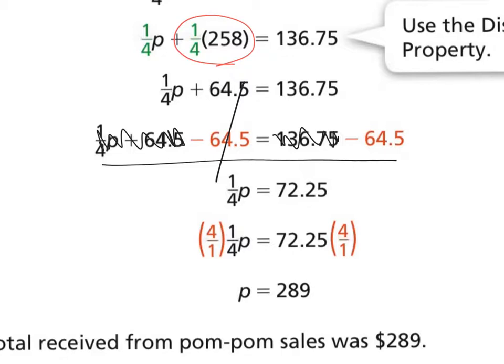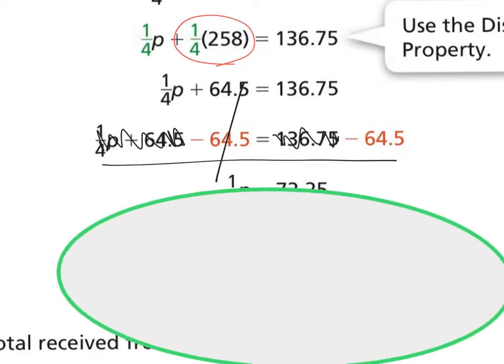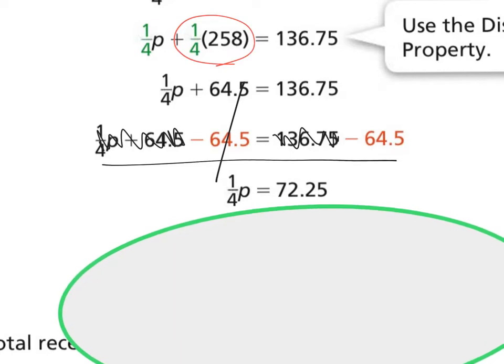And then there are two different ways to finish this off. One way the book's doing is they're saying that if it's 1/4 of P, if we multiply that by 4, that'll give us 1P. Another way you could do this: they're multiplying by 1/4, which means we could divide, so we divide by 1/4.